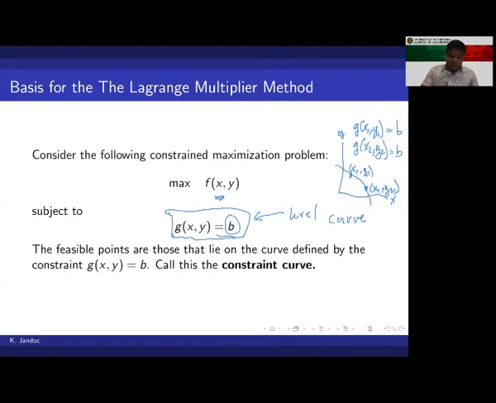Again, these are combinations of x and y that, when plugged into the function, spit out a number b. So this is a level curve. The feasible points are those that lie on this curve, on this constraint. This level curve, therefore, is called the constraint curve.